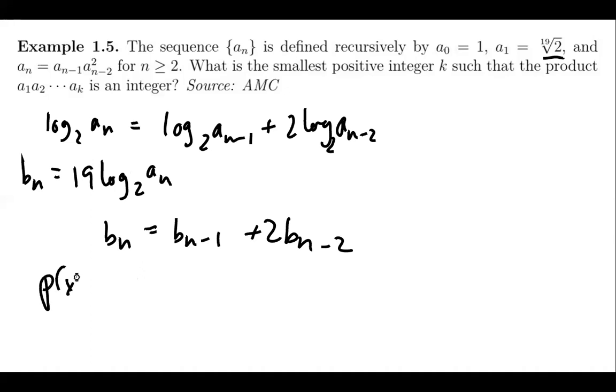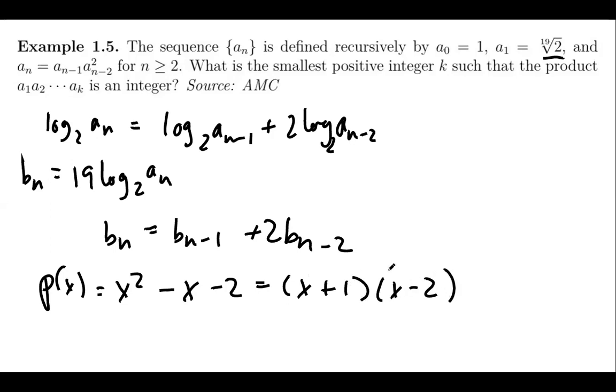And we'll do the same thing with the characteristic polynomial. In this case, it's x squared minus x minus 2, which we can factor. And that means that bn is C1 times negative 1 to the n plus C2 times 2 to the n.